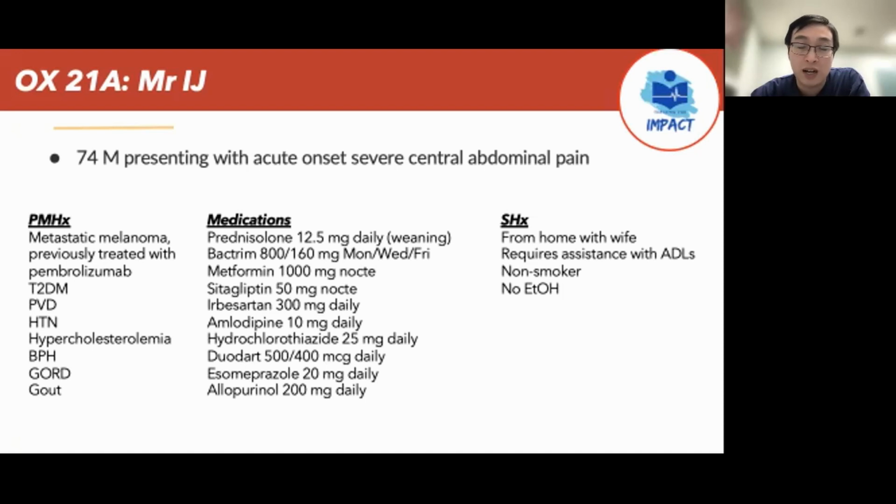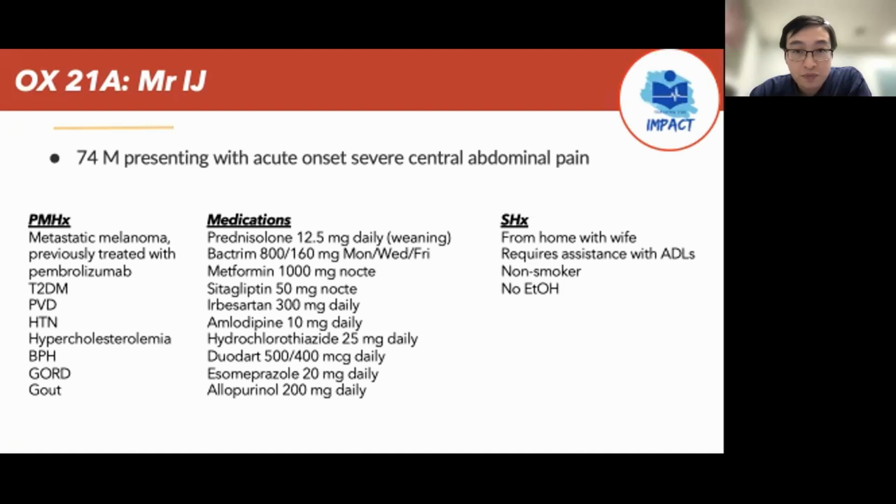Things like non-small cell lung cancer, often you'll see patients on pembrolizumab, et cetera. But anyway, so this patient also has type 2 diabetes, a bit of peripheral vascular disease, hypertension, hypercholesterolemia, benign prostatic hyperplasia, GORD, and gout.